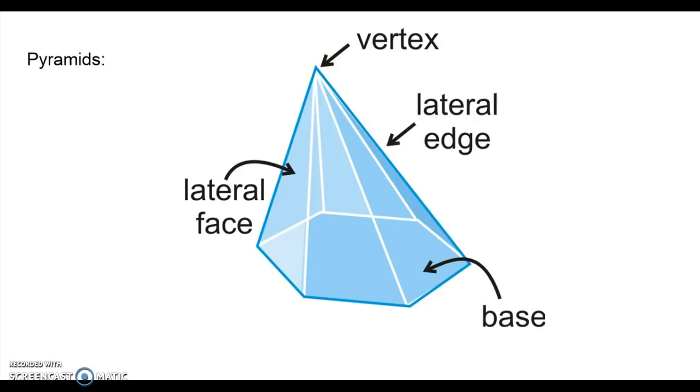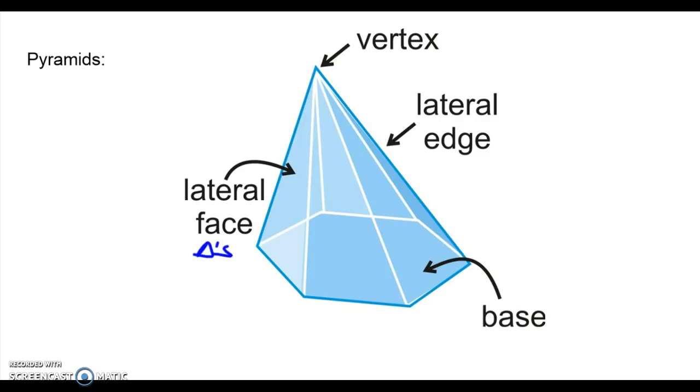All right, pyramids have some features, but their vertex is the only one we haven't talked about yet. That's where all of the lateral faces meet up at the top. So the vertex is always opposite of the base. Lateral faces are always triangles in a pyramid.